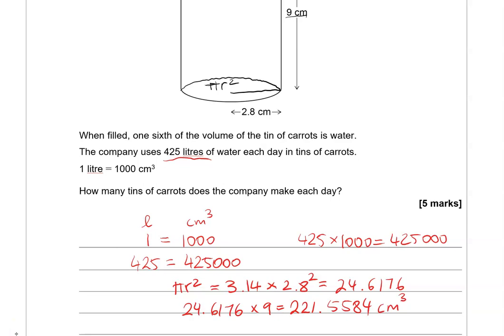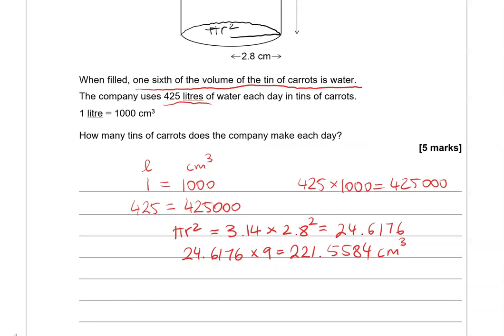Now it says that when filled, 1/6 of the volume of the tin of carrots is water, so it's only 1/6 that we're interested in. So we're going to divide this number by 6. 221.5584 divided by 6 gives us 36.9264.